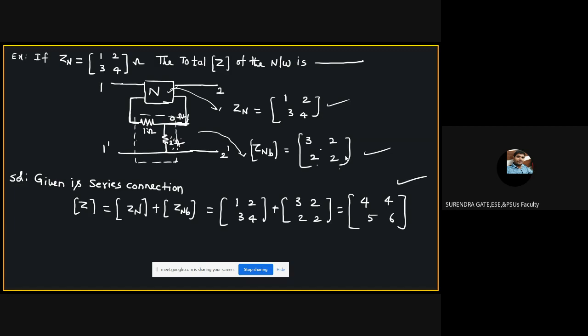Yes, friends? Say, for example, one more. This is also a GATE question. Find the Y parameters of the network shown in the figure. Okay, this is the given network.